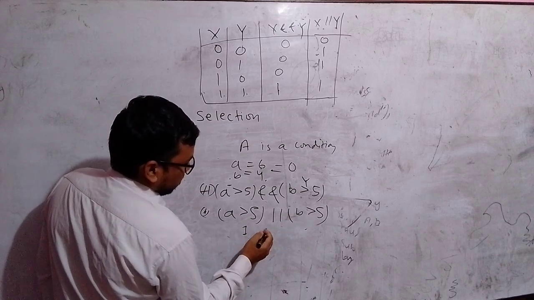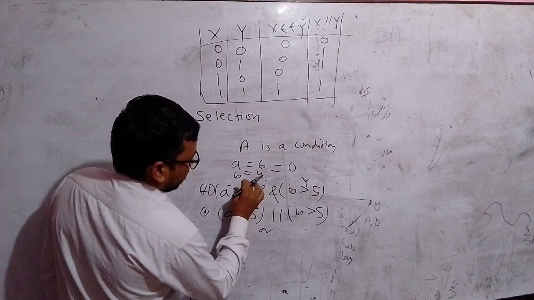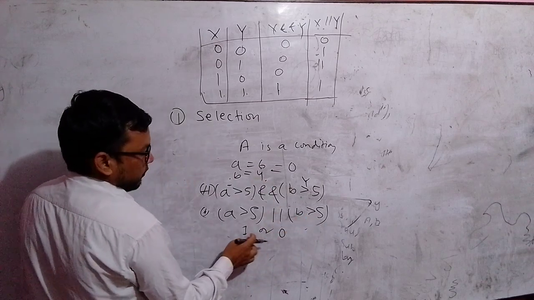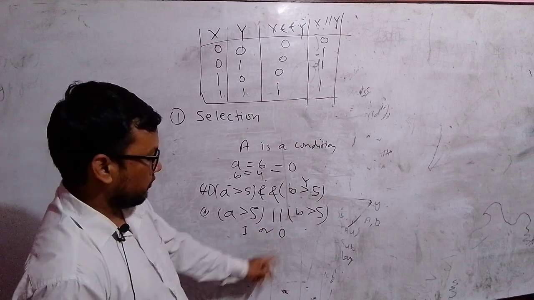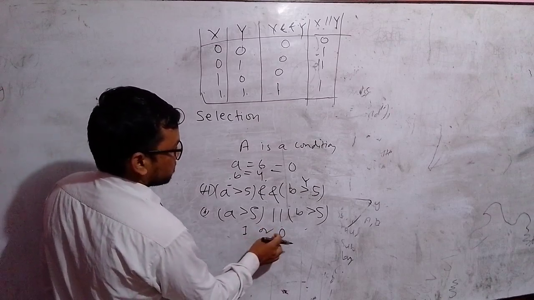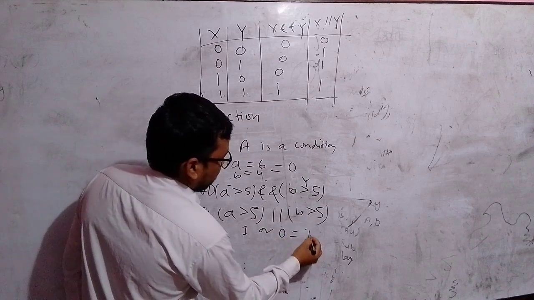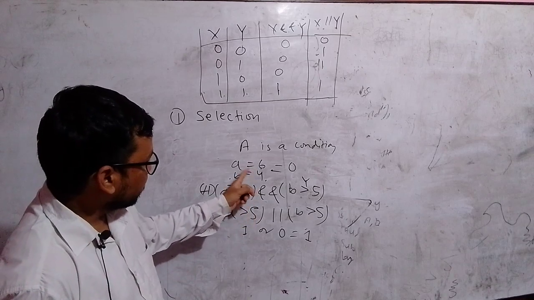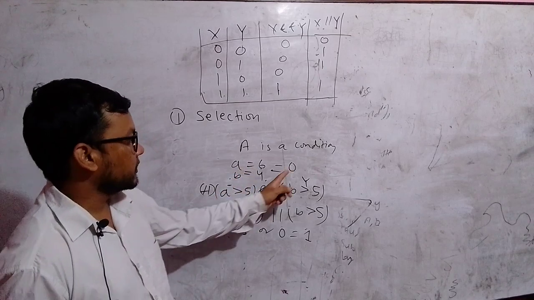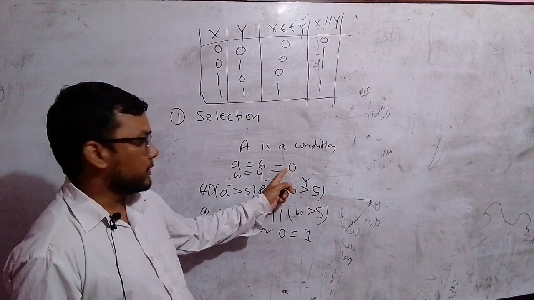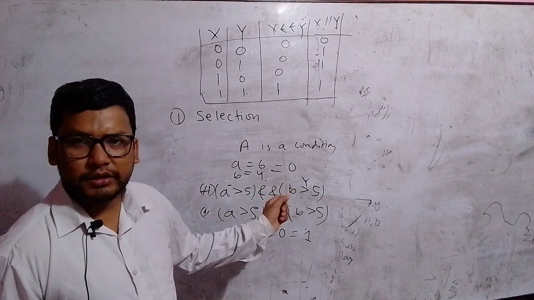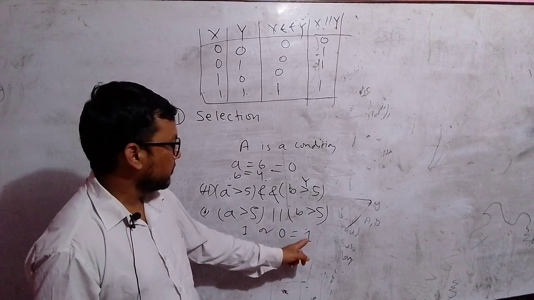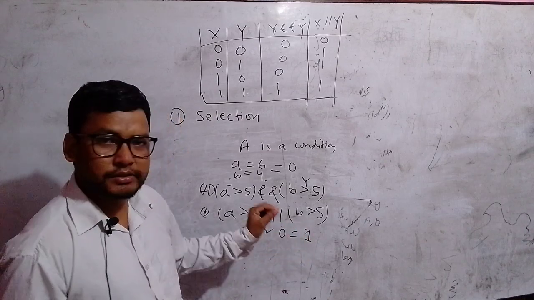And 4 is greater than 5 is wrong, that means it gives 0. 1 or 0 gives 1. That means for the same values of A and B, the AND expression gives 0, so the condition is not satisfied, and the OR operation gives output 1, so that condition is satisfied.